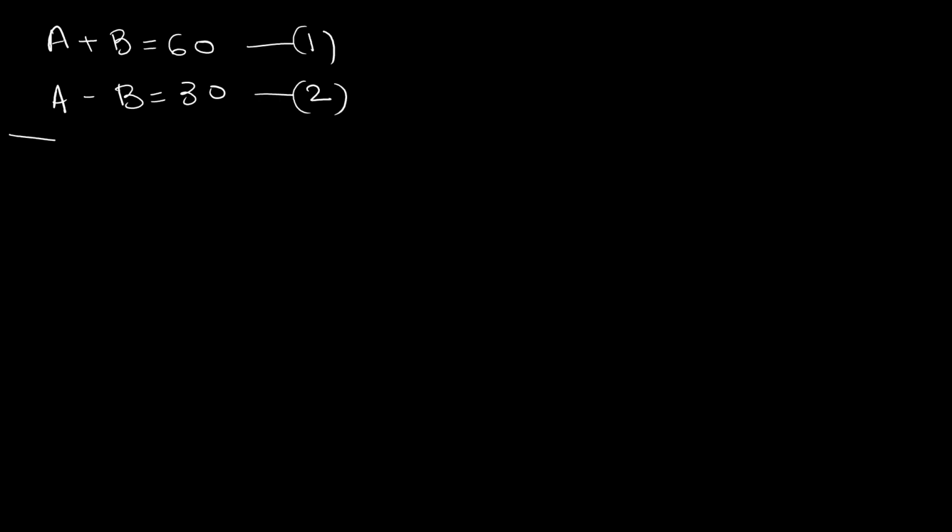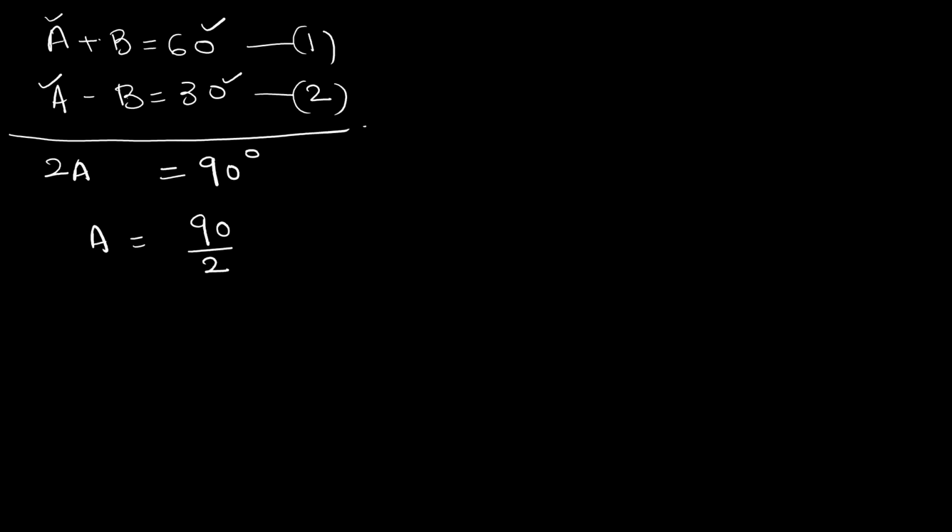Now A plus B equal to 60 and A minus B equal to 30. We'll add these two equations, adding each term: A plus A is 2A, and plus B minus B is 0. This is equal to 60 plus 30, that is 90. So A equals 90 divided by 2, that is 45 degrees.